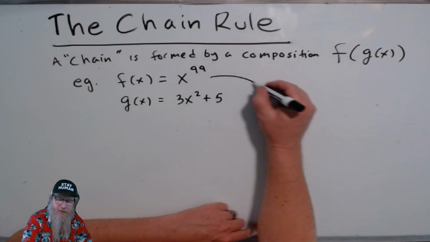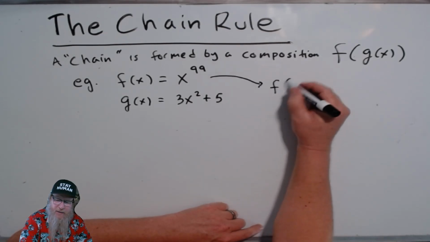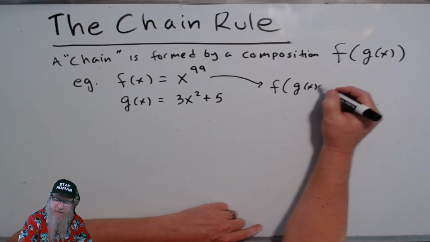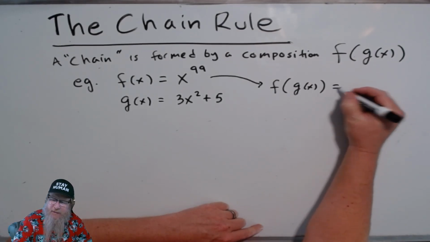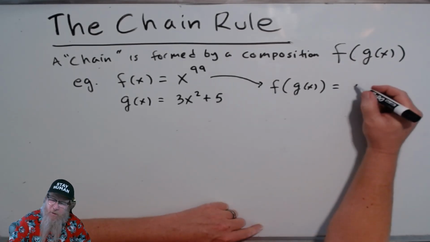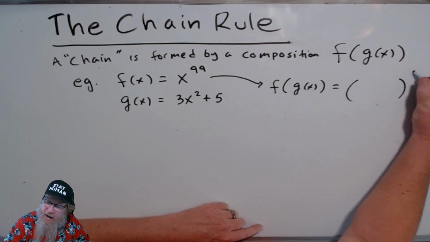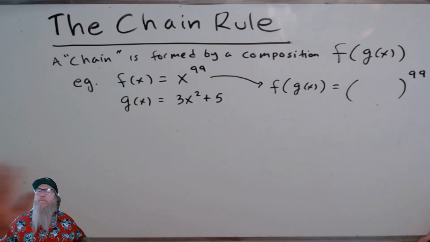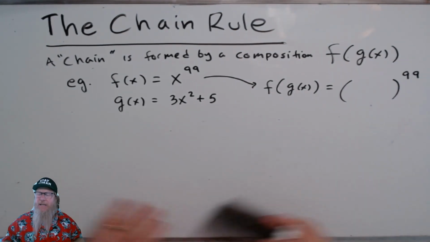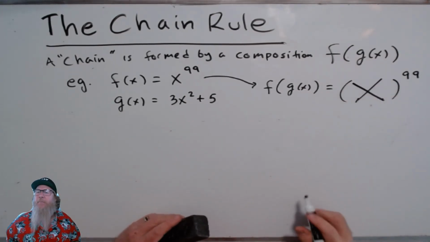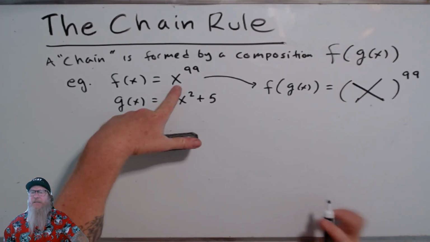Then the composition f of g of x is equal to, well, we take the formula for f, which is x to the 99th. You can think of the parentheses as being x.